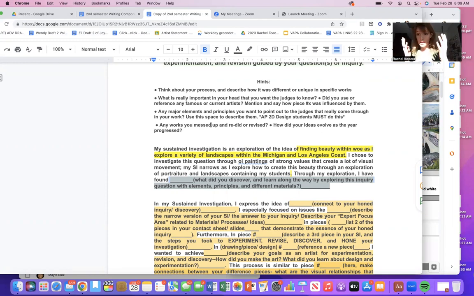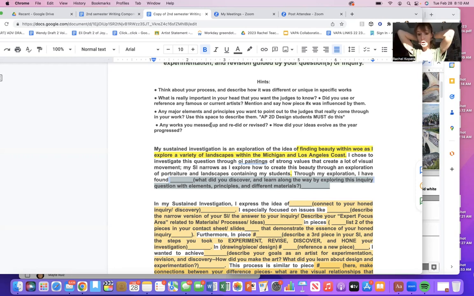Now, don't obsess about it being perfect. You should be typing right now. Did you reference any famous or current artists? This is when you talk about your research and any isms. Mention and say how piece numbers were influenced by them. You can actually talk about which pieces were influenced by each artist. The more specific you are, the better. So you need to reference pieces, and any major elements and principles you want to point out to the judges in your work.